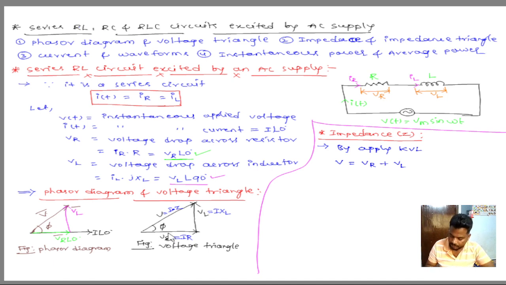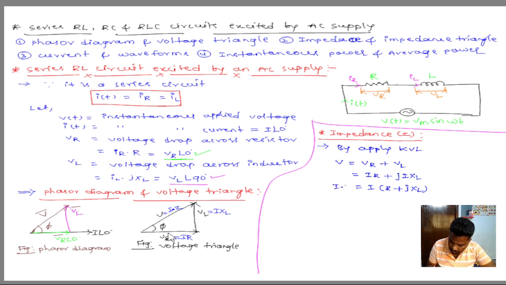V is equal to VR plus VL, and we know that VR is the voltage drop across resistor, that is I into R, and VL is the voltage drop across inductor, that is JIXL. Then take I common, I into R plus JXL.